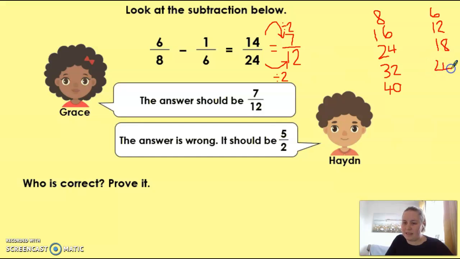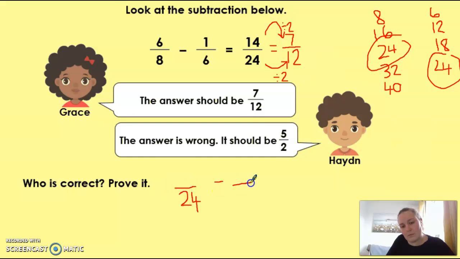That's one there that's the same. So 24, 24. Okay, so make my denominators 24. Super. And then my answer 24.